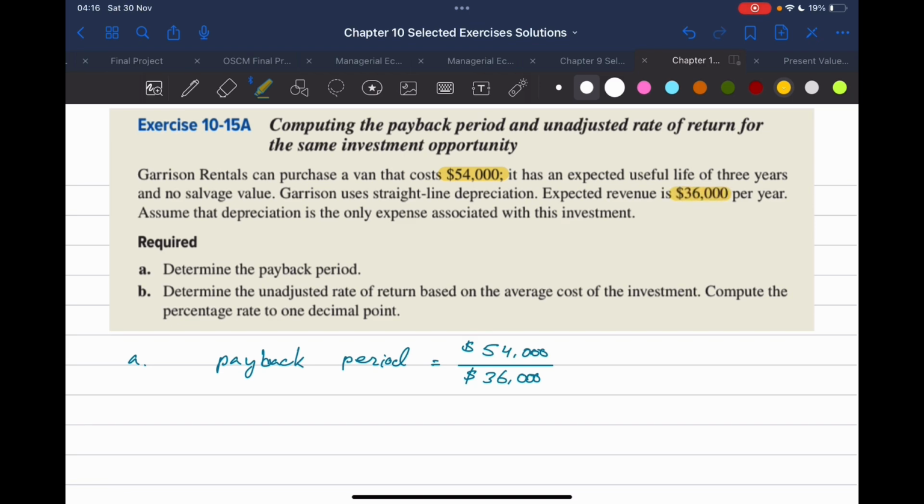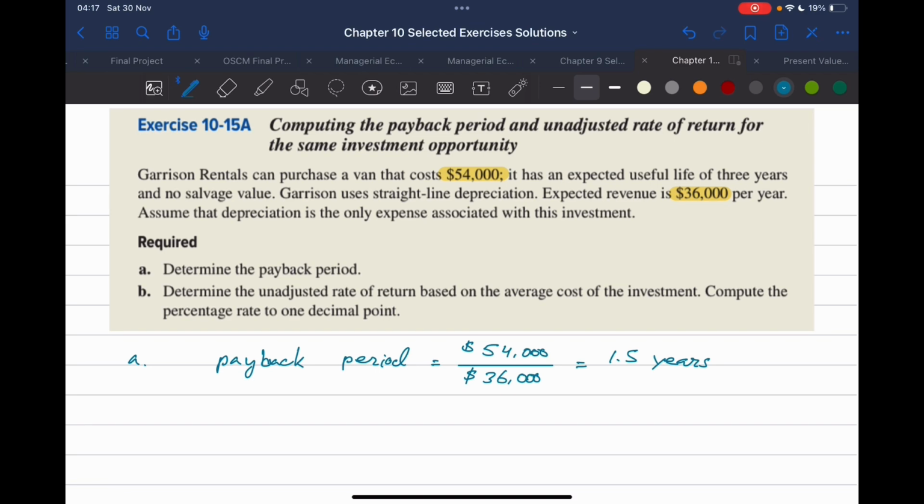And then we run the numbers. 54,000 divided by 36,000. That's 1.5 years. So basically 1 year and 6 months is the duration that the company needs to recover their initial investment.